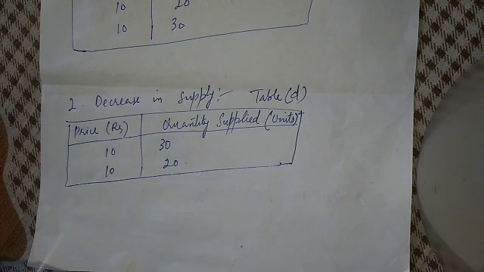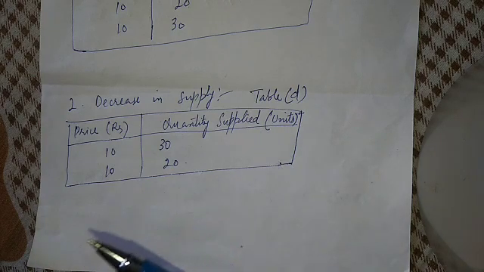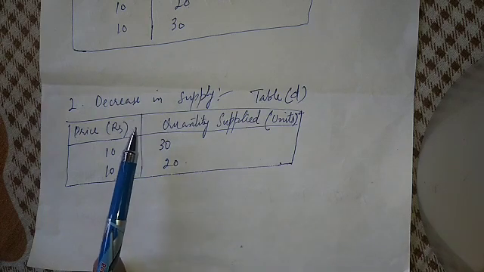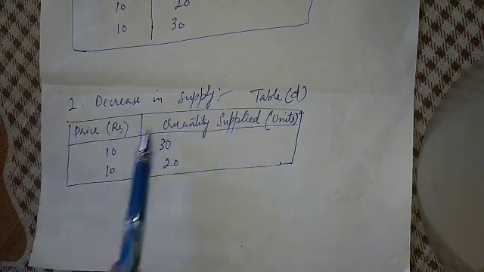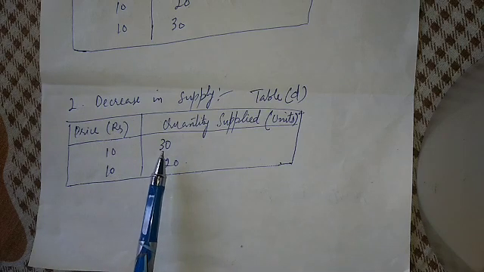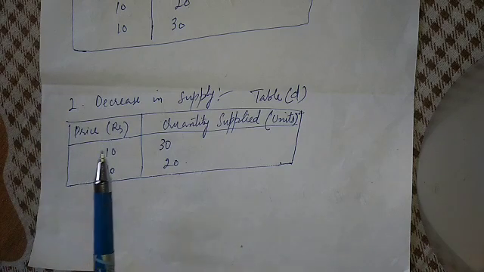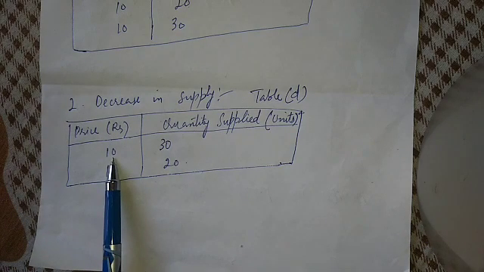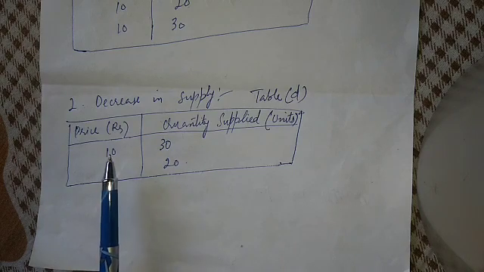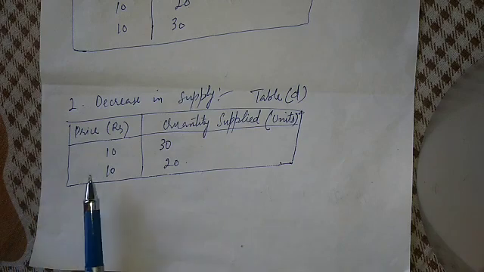Decrease in supply causes a backward shift in the supply curve, and decrease in supply is shown in table D. So, if you have a look at this table D, it shows that initially 30 units of the commodity are supplied at the price of rupees 10 per unit. Due to some other factors, now 20 units are supplied at the same price.